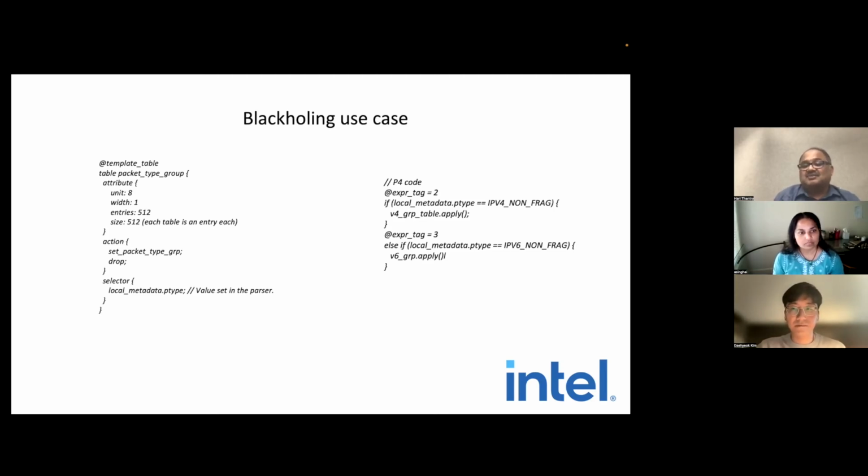And the selector for this is the local metadata p type, which was derived from the parse graph. The static P4 code section for this has, again, two conditionals. In this example, we have an expression tag of 2, where if it's a non-fragmented IPv4 packet, then we do a v4 group table. Otherwise, we do a v6 group table.